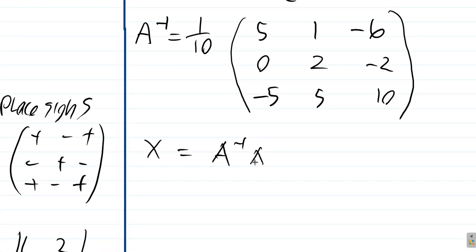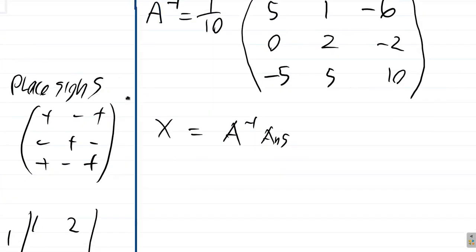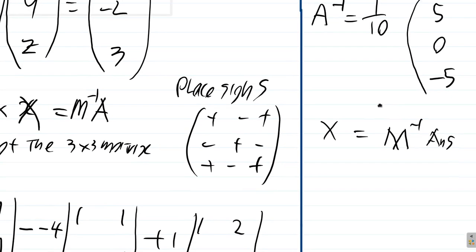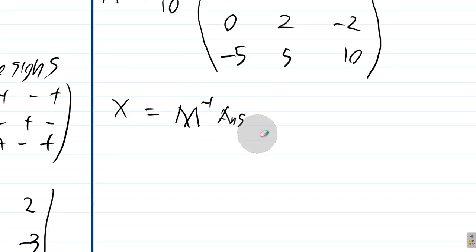Call it A inverse. Why do I say A inverse? It's M inverse, right? I had called it M. I'm accustomed to using A for the first matrix, but call it M inverse times the answer.